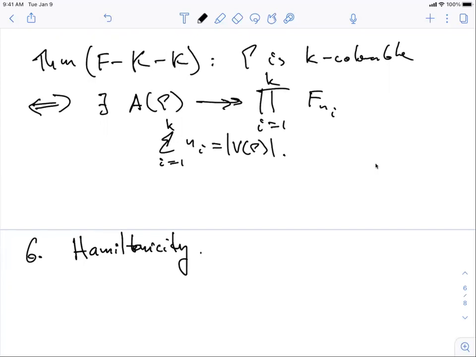And so determining whether a graph has a Hamiltonian cycle or not is very difficult. It's also known to be NP complete. It's related to the traveling salesman problem very intimately.